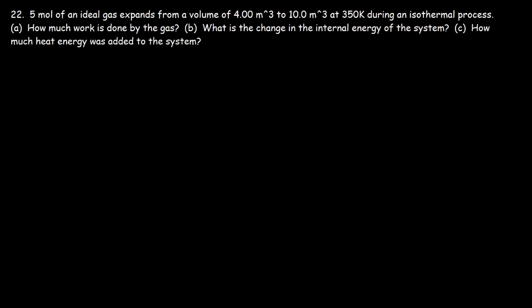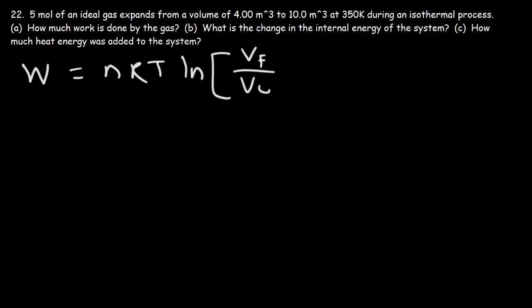Let's move on to this question. 5 moles of an ideal gas expands from a volume of 4 cubic meters to 10 cubic meters at 350 Kelvin during an isothermal process. How much work is done by the gas? The work done by a gas during an isothermal process is equal to nRT times the natural log of the final volume divided by the initial volume.